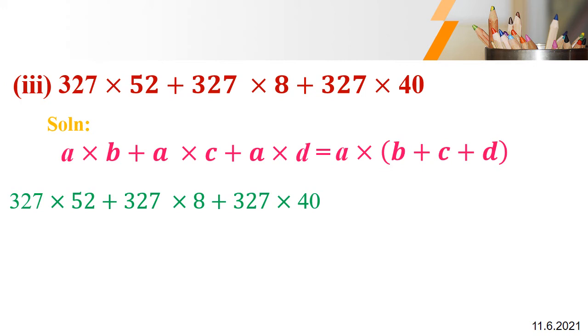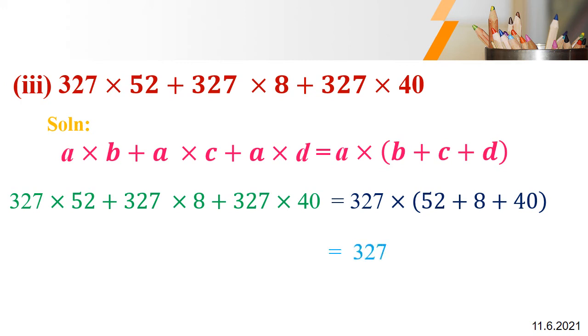So let's write 327 into (52 plus 8 plus 40). So now first we want to add 52, 8 and 40 and then multiply by 327.